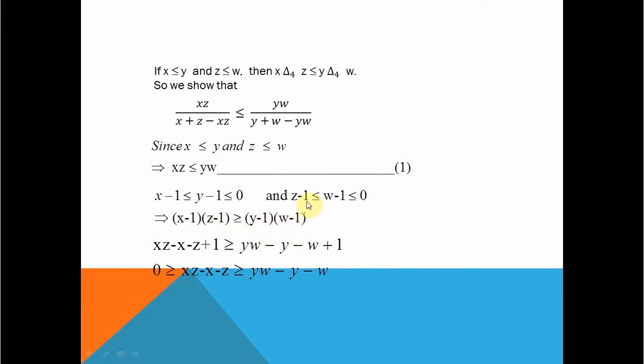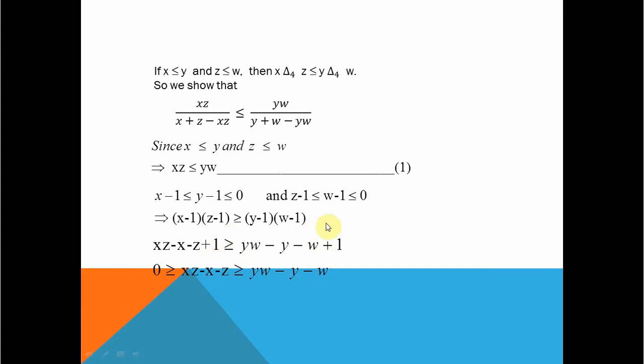We multiply this second inequality with the first one. Since these numbers are negative, this changes the inequality. Now when we multiply, we get xz minus x minus z plus 1 is greater than or equal to yw minus y minus w plus 1.